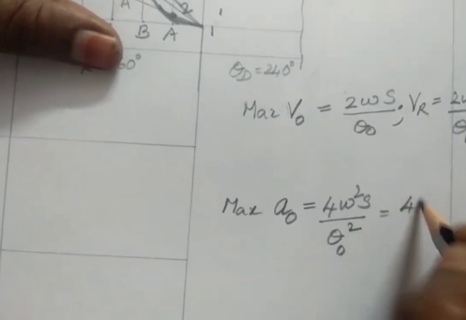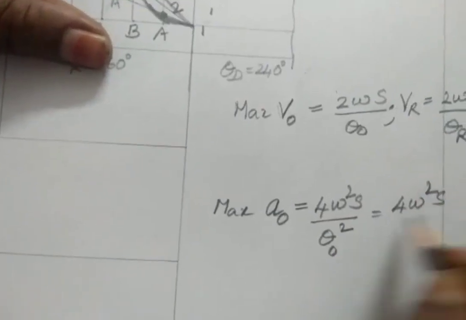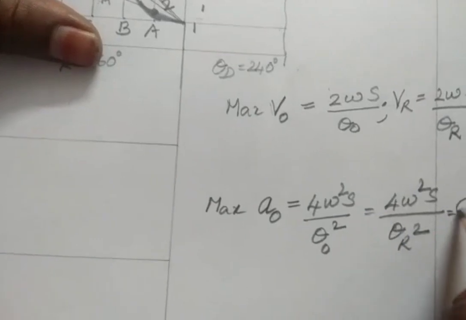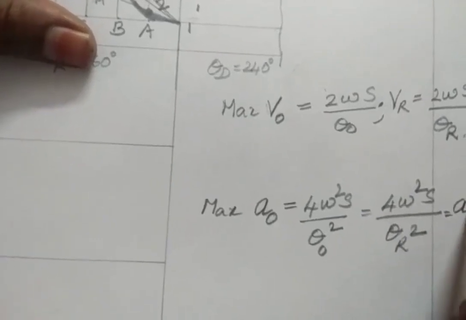Same way, 4 omega square S by theta R square for aR, the maximum acceleration in the return stroke.